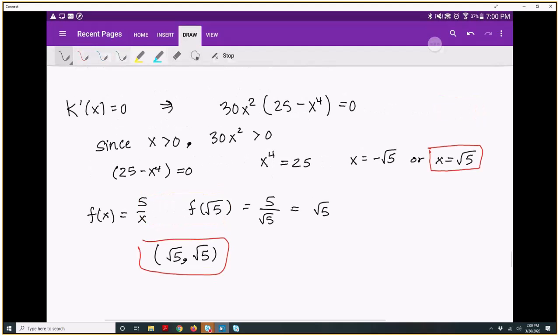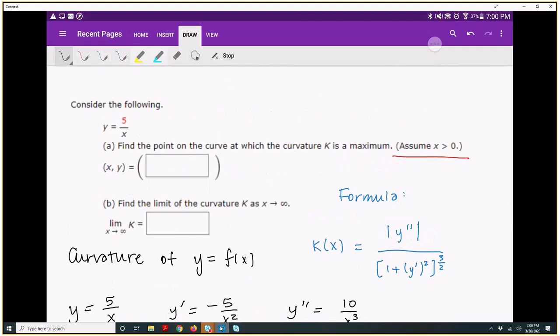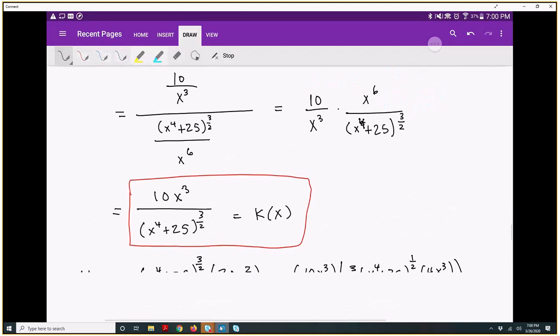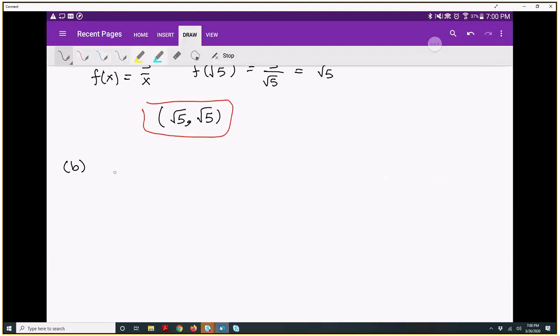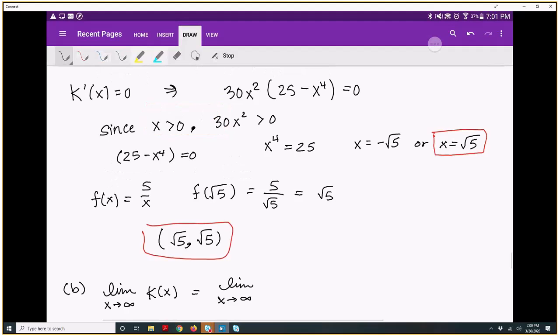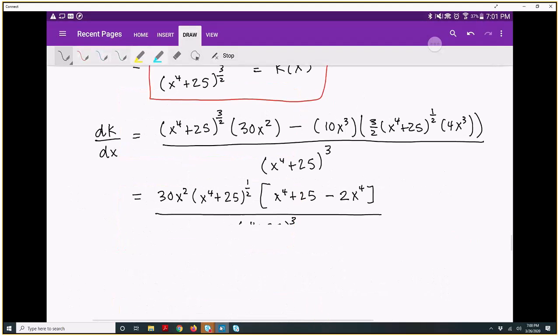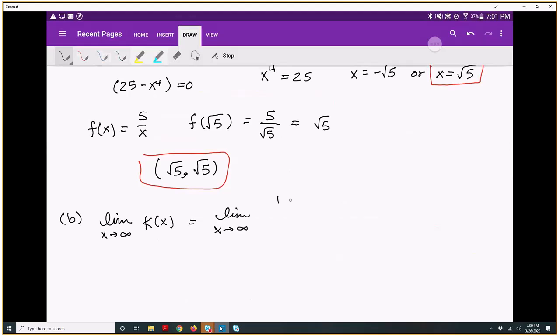Part B has asked us to find the limit of the curvature k as x goes to infinity. So part B, the limit as x goes to infinity of the curvature k of x. And the curvature k of x we said was 10x cubed over x to the power 4 plus 25 whole to the power 3 over 2.